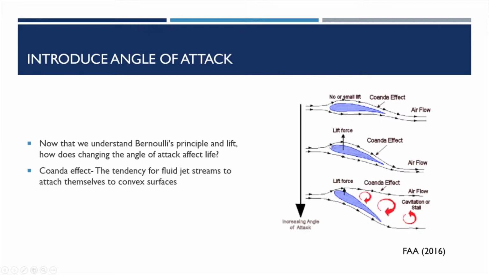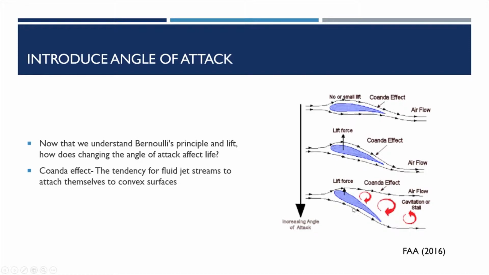And then as we increase the angle of attack on the wing, approximately 10 to 20 degrees, we see a lift force being generated as high pressure forms underneath the wing and low pressure forms on top. So here we see the Coanda effect as the fluid jet streams attach themselves to the convex surface.